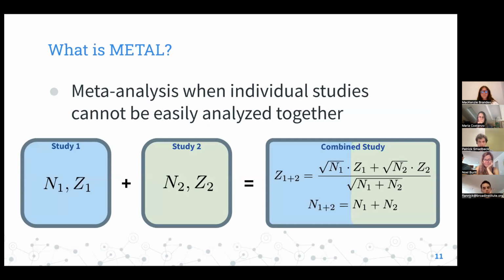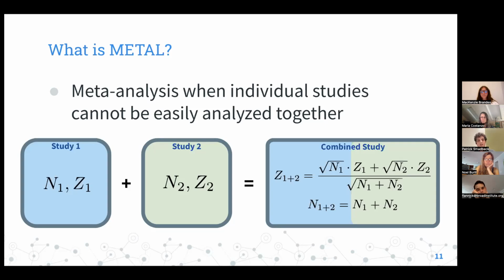As Jason touched on, if you run it with overlap off, it's a fairly straightforward method. If you have two studies, for example, and you're looking at a single variant, in each study the variant will have a different sample size, N1 and N2, and a different z-score, Z1 and Z2. You can just treat those as a normally distributed random number, and combine them as you would any normally distributed random number.